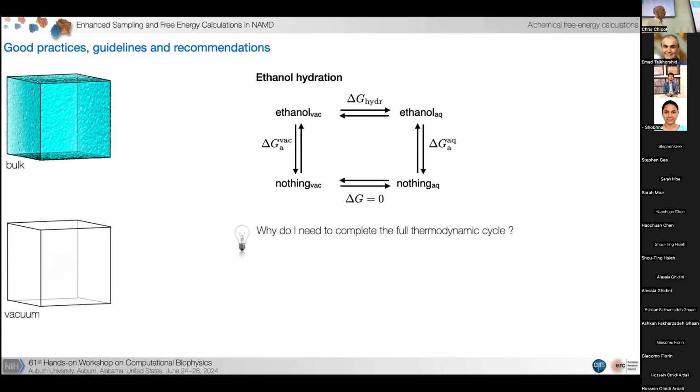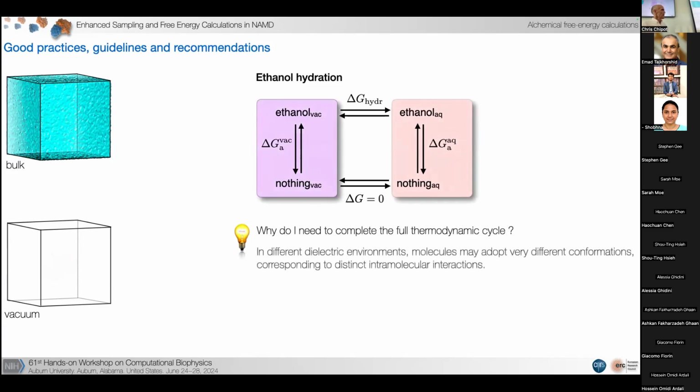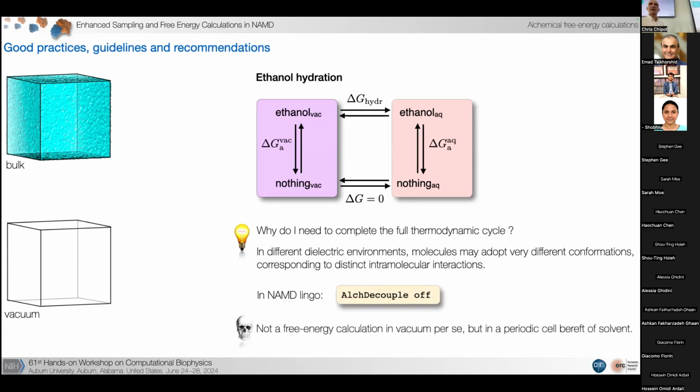Why do I need to complete the full thermodynamic cycle? This is in reference to a keyword that is still in NAMD, and that should not be in NAMD, called alchemical decouple. So alchemical decouple gives you the possibility to skimp, to not do the full thermodynamic cycle. And this is something that you should not even consider. Always leave it off.